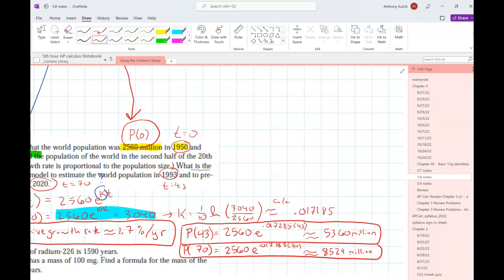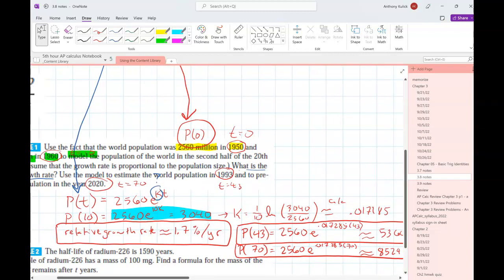To get the relative growth rate, does it matter if you do it between 1950 and 1960 or 1950 and 1990? Well, you don't have the population for 1993. No, it wouldn't necessarily, if this is real data.